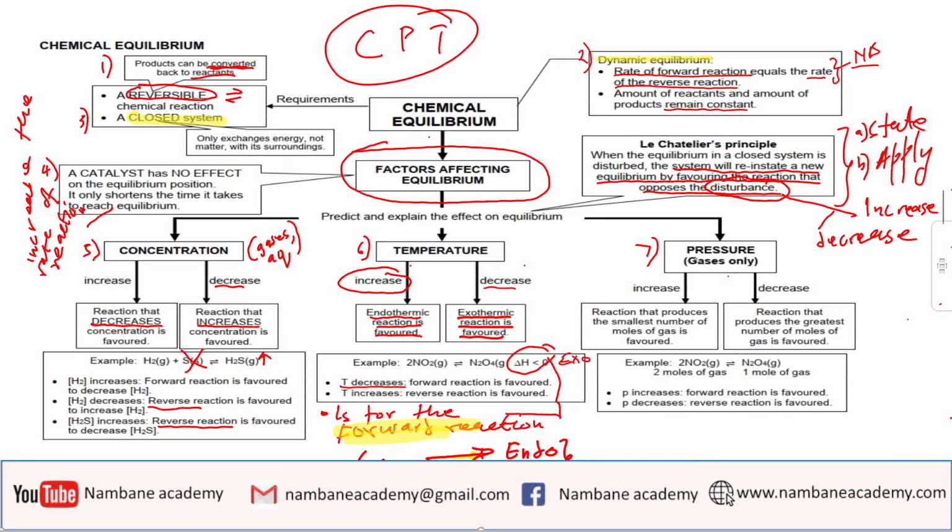As for pressure, also very easy, increase, decrease. As we did say, the disturbance can either be increase or decrease. It says here, increase in pressure, the reaction that produces the smallest number of moles of gas is favored.